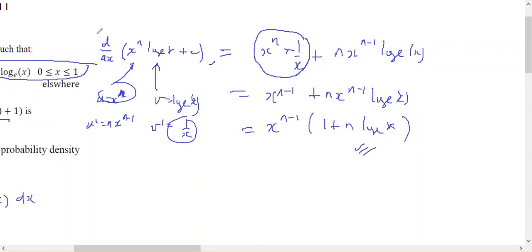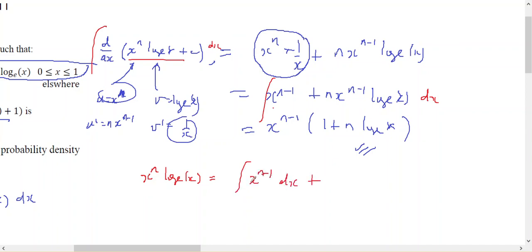If I was to anti-differentiate this with respect to x and this with respect to x, then I would end up with x^n log_e(x) equals the integral of x^(n-1) plus the integral of n x^(n-1) log_e(x) dx. And this equals x^n over n.